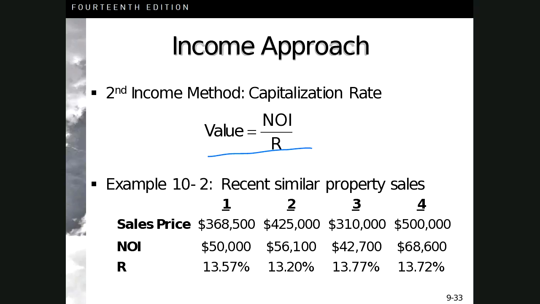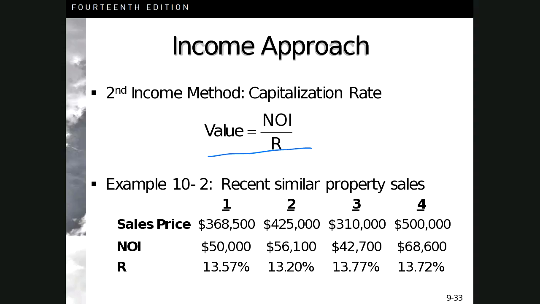Same thing in the previous one, the gross income times a multiplier, that's it. It's just like a Gordon growth model, super simple, but the real difficult part is what's the growth rate? What's the projection? What is the R?